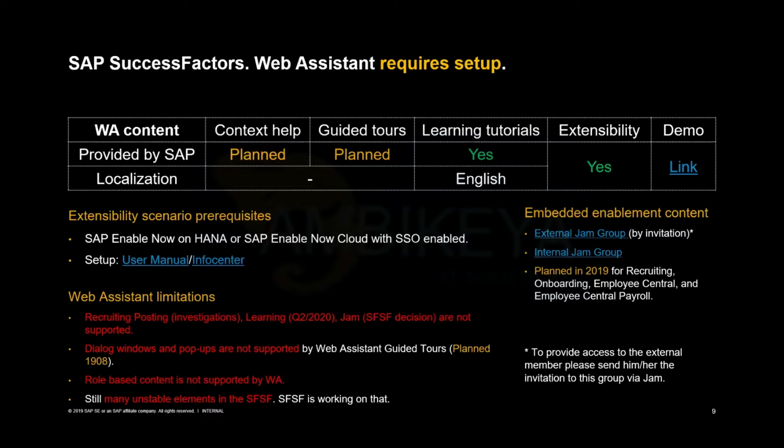So long before you click on that question mark, Enable Now was looking to see if you had credentials to view content. So this was causing major frustration because a lot of SuccessFactors users were not part of the customer network. So what this new parameter has done is it will wait until the web assistant question mark is clicked before it looks for login credentials.